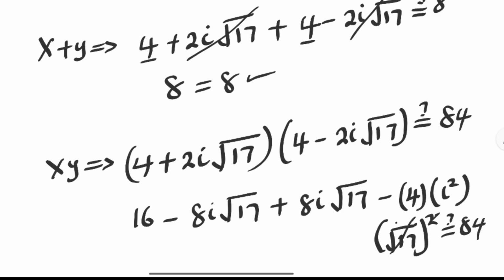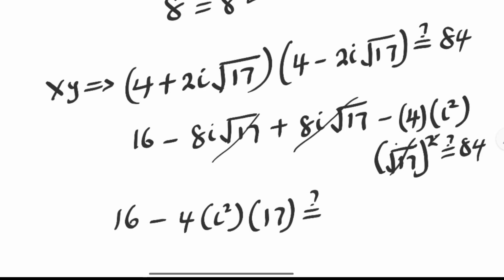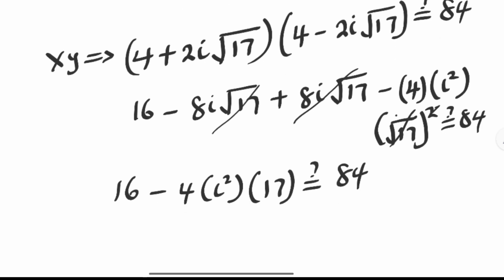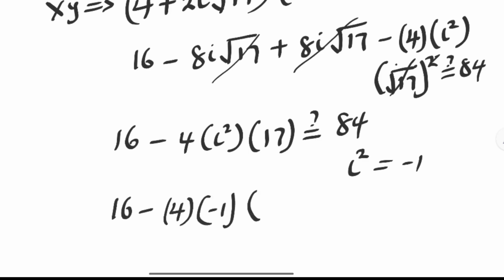This cancels this, this cancels this. 16 minus 4 multiplied by i squared multiplied by 17 must be equal to 84. i squared is equal to minus 1. Then we have 16 minus 4 multiplied by minus 1 multiplied by 17 must be equal to 84.